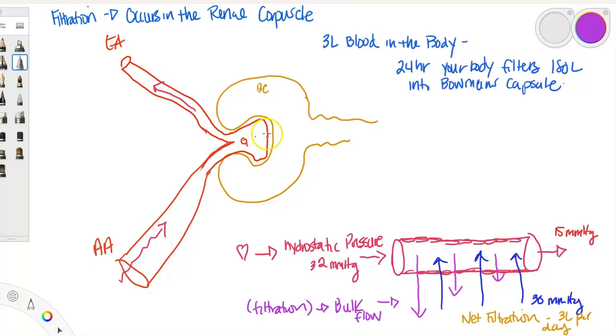But remember, this is not a straight line. So it's not just going to dissipate as it goes down, because it's just this knot of capillaries. It's not a line of capillaries. So it comes in and it pushes out like a regular capillary at 32 millimeters of mercury. It's pushing out into Bowman's capsule.